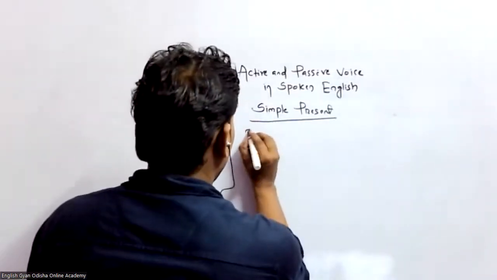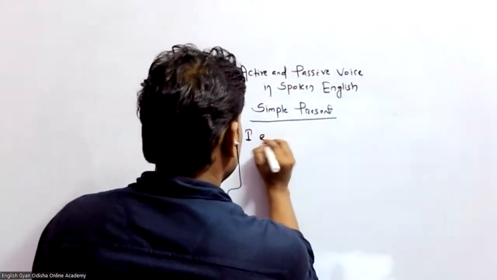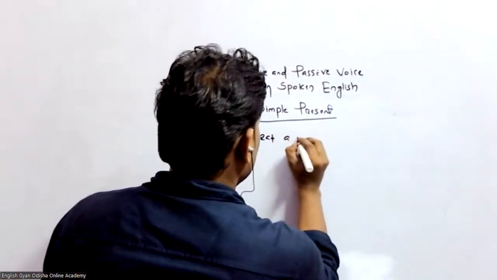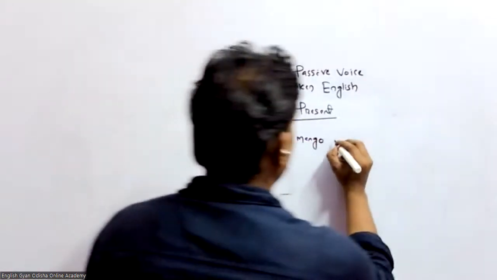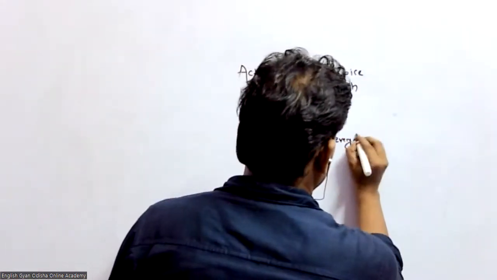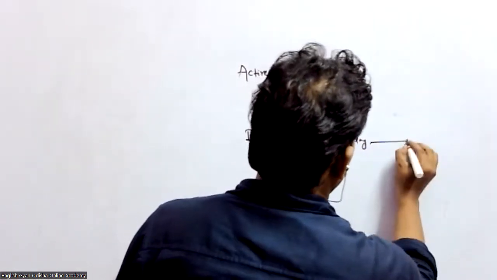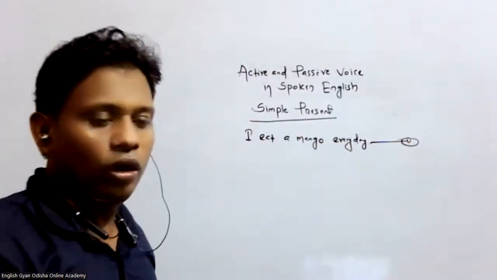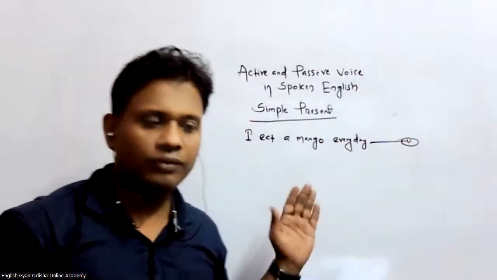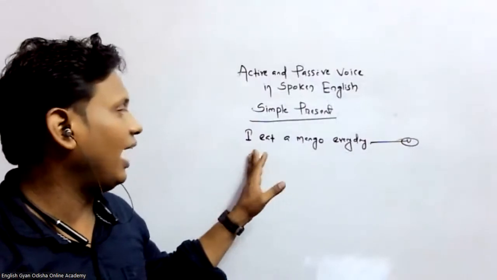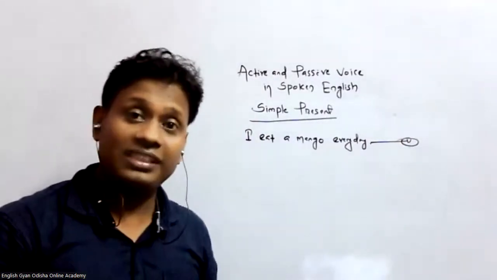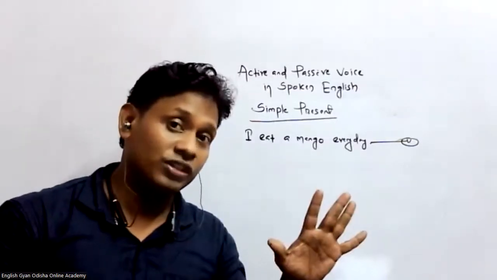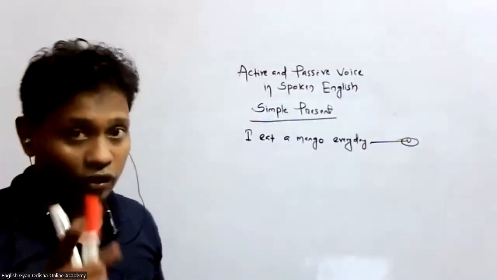I can say, I eat a mango every day. Look, this is your habit. Whatever you do every day is a habit. I eat a mango every day, right? What is every day? This is an adverb of frequency, and we are not going to touch that. Here, what is the object? I already informed you.